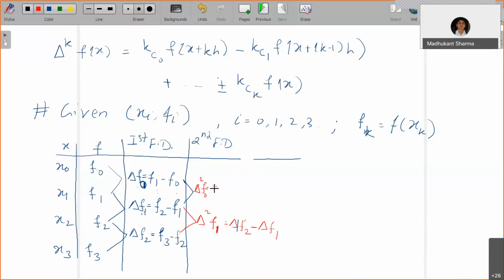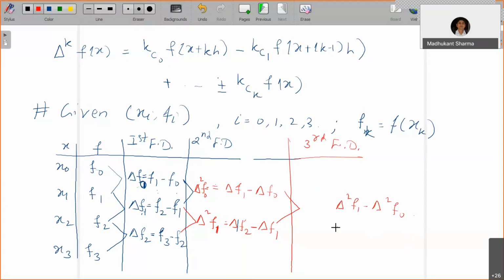So delta square f naught was delta f1 minus delta f naught. So again, for the forward difference, you are going to use these two, that is delta square f1 minus delta square f naught.